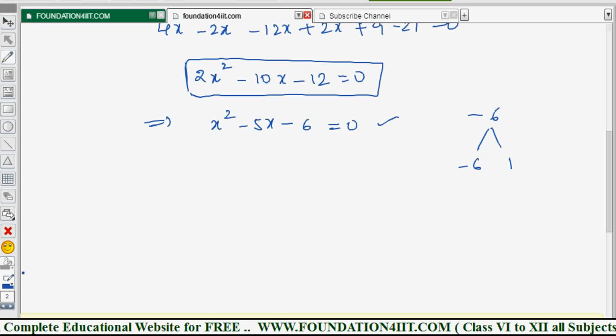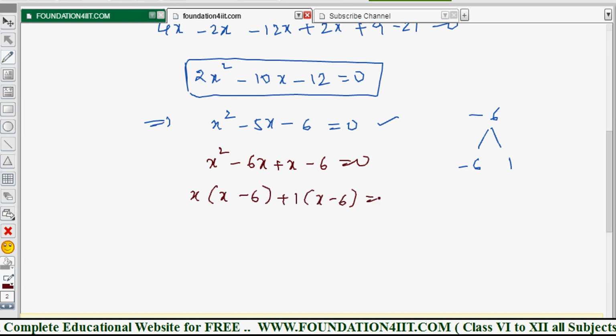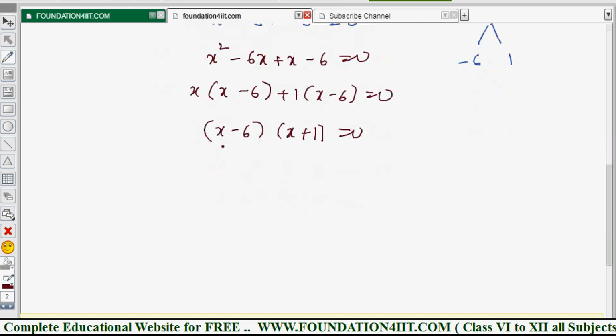Now we can find out the solution first. So x square minus 6x plus x minus 6 is equal to 0. x common, x minus 6, plus 1 common, x minus 6 is equal to 0. Okay, x minus 6 is the common factor overall, times x plus 1. By using the zero product rule, we'll find the x values, that is x minus 6 is equal to 0 or x plus 1 is equal to 0, right?